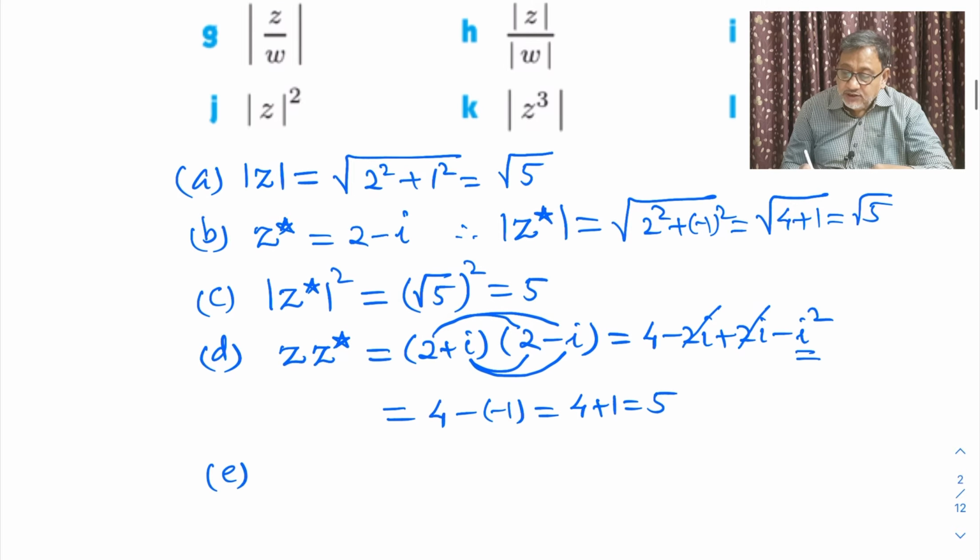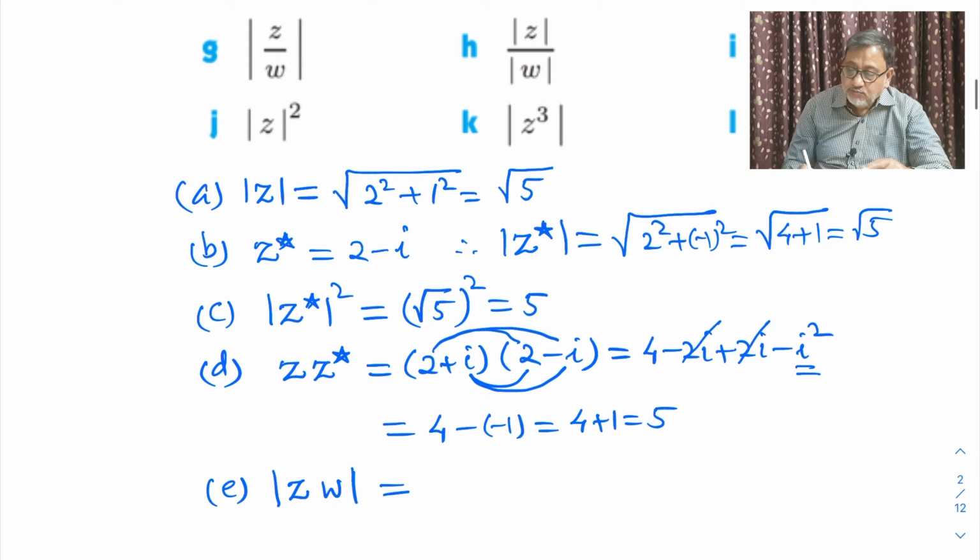E part is modulus of z into w conjugate. So modulus of z into w, not conjugate.